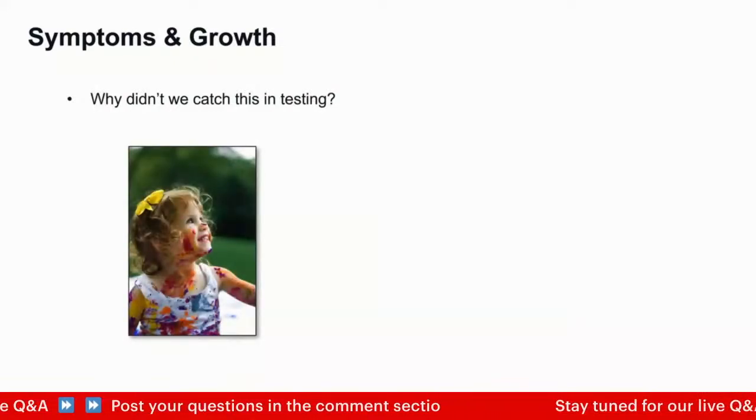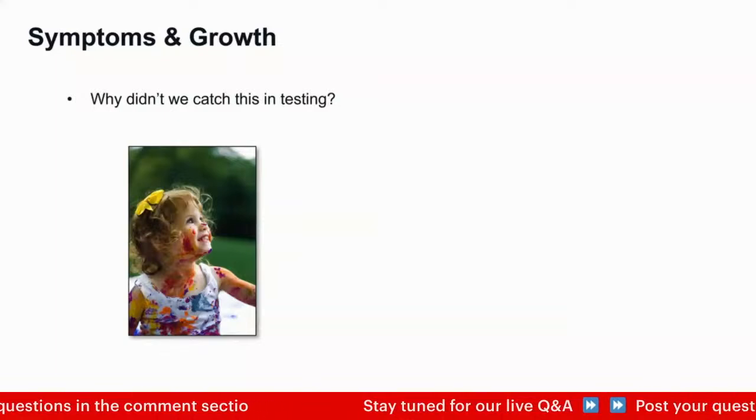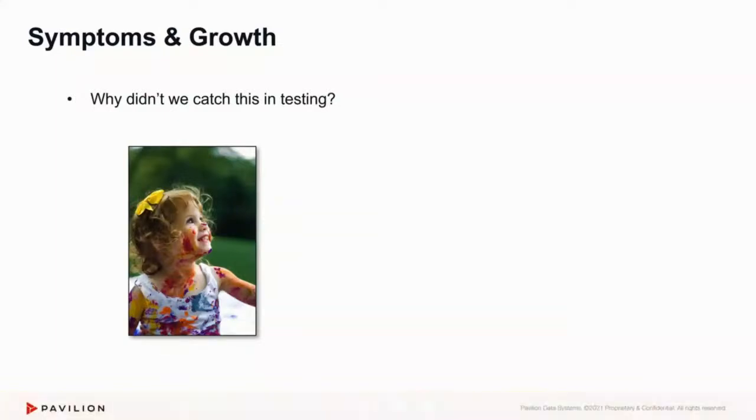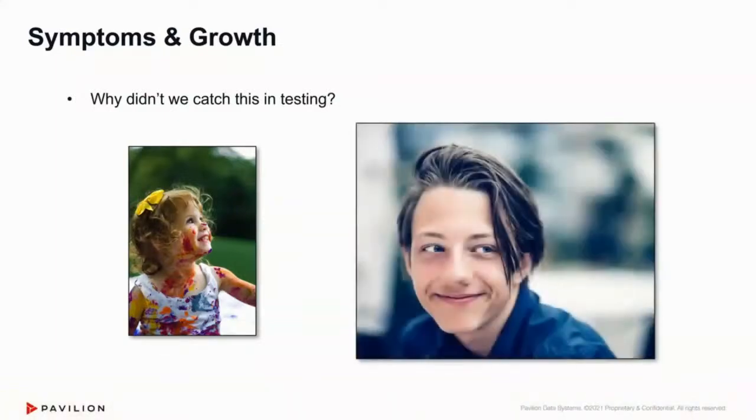To paraphrase a very good friend of mine named Kellen, the clothes that fit your child when your child is 3 do not fit when your child is 13. These are living, breathing, evolving databases. You've got things like application upgrades, more data getting loaded, more users on there, you name it. New version of the database engine, all sorts of things that were best practices 10 years ago may not be anymore.